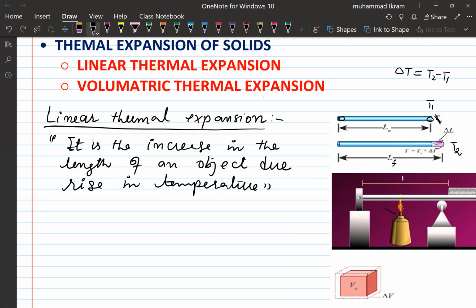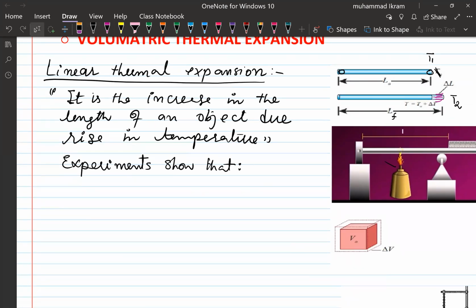Now, experiments show that the increase in the length of an object depends on, first, the original length of the object.